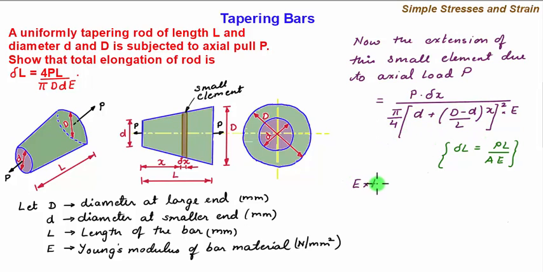So now the extension of the whole rod or bar will be given as the integral of this term from length equal to 0 to L.